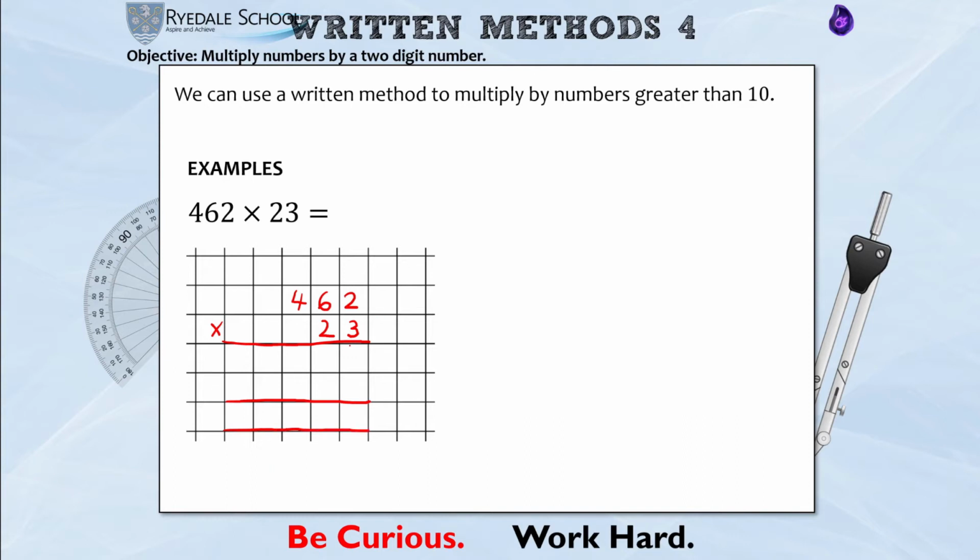Now, some people, when they set this out, will leave 2 lines and then a final answer line. Some people might find it easier just to set out with that extra line in there, so you're basically having 3 sections. I'll leave it entirely up to you.